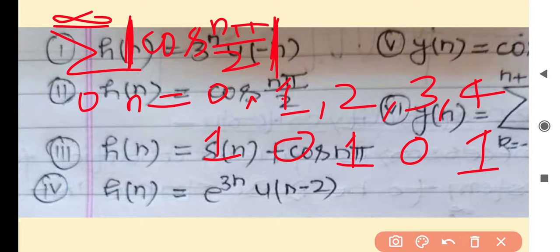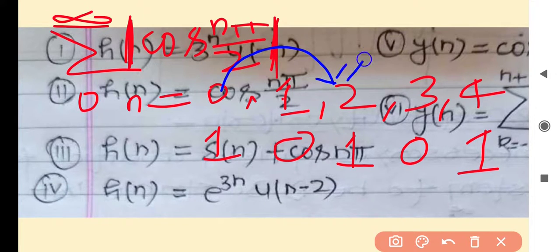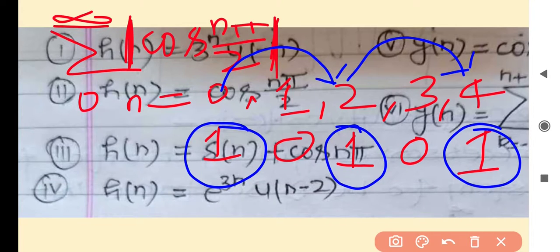So from here we can observe that for the even values of n, 0, 2, 4, this will give value equal to 1, and for the odd values of n, means n equal to 1, n equal to 3, it will give value 0.